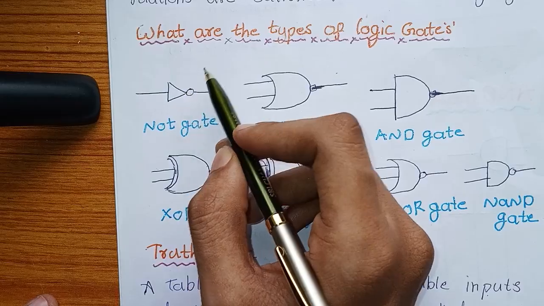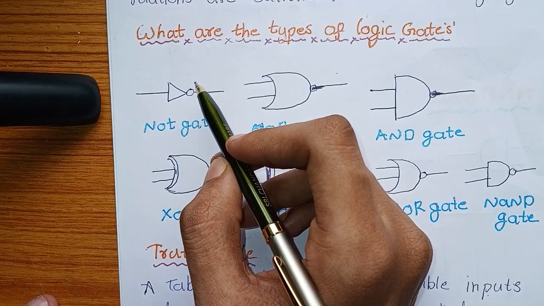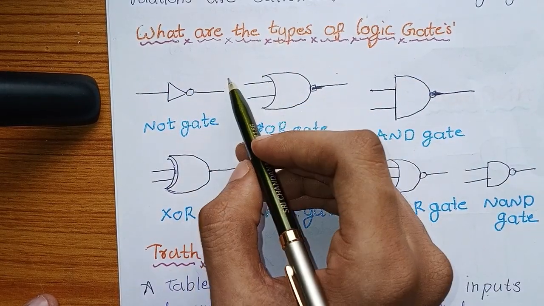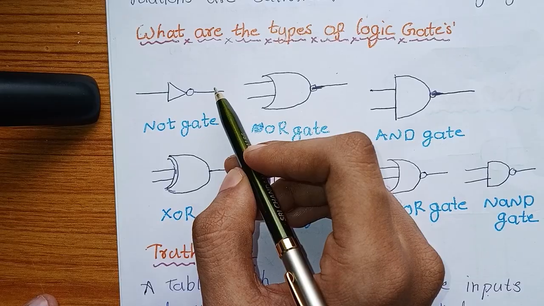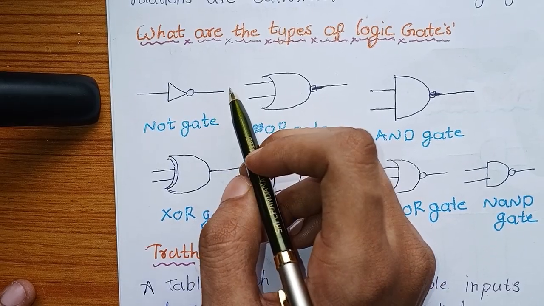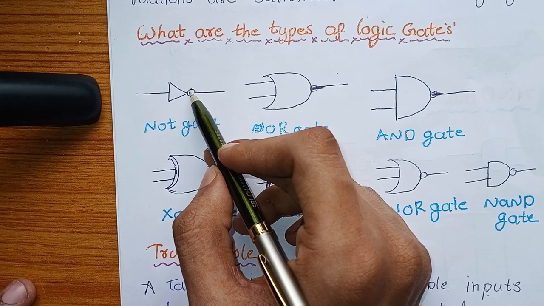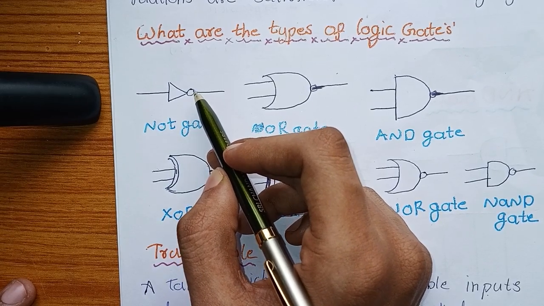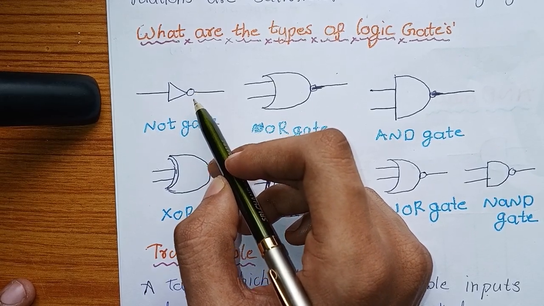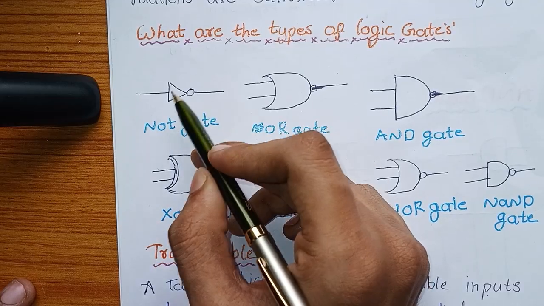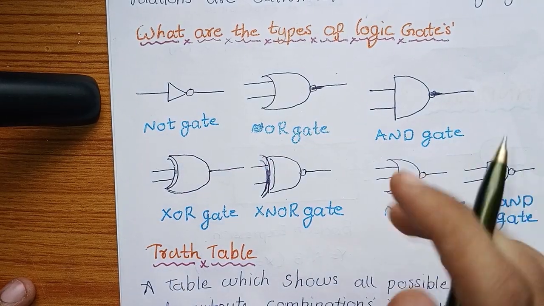It has a specific character that I am going to tell you in the next few minutes. It will be very clear to you. For now, see here a small bubble type structure, we will call it a knot, and remember this whole gate as the NOT gate, nothing else.